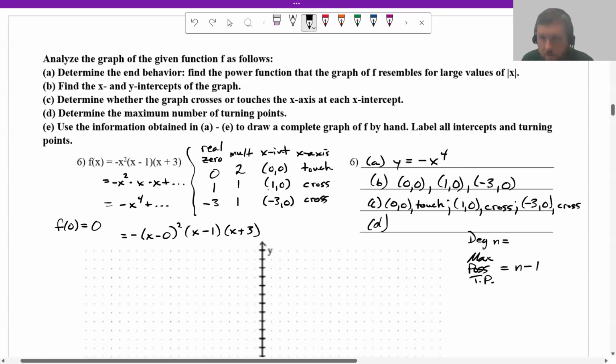Whatever that degree is, that's the degree of your function as well. So we have 4 minus 1 is 3. Okay, so we can have at most 3 turning points.